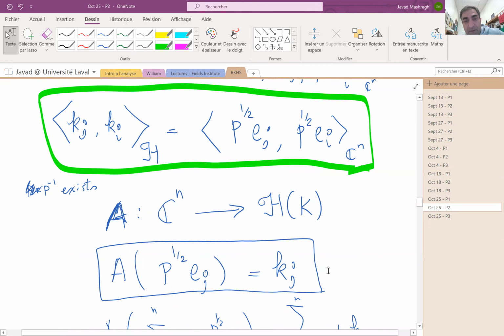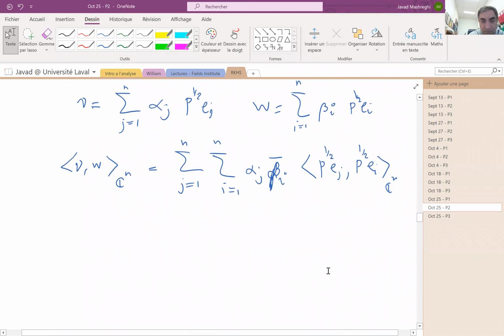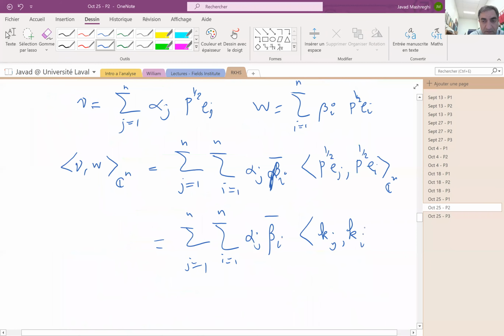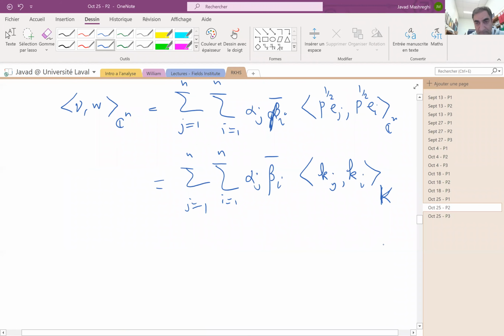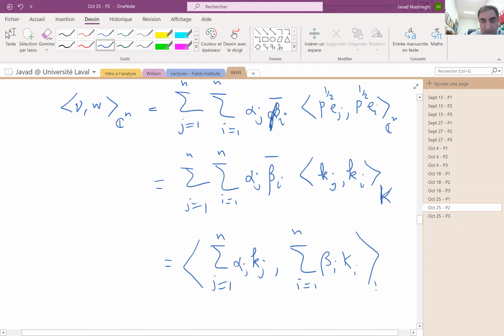P^(1/2) e_j, P^(1/2) e_i inner product in C^n is the same as the inner product of K_j, K_i in H. So this is sum alpha_j beta_i bar, K_j, K_i in the space K. And now we take the coefficients inside and add them up: sum j from 1 to n, alpha_j K_j, and sum i from 1 up to n, beta_i K_i.